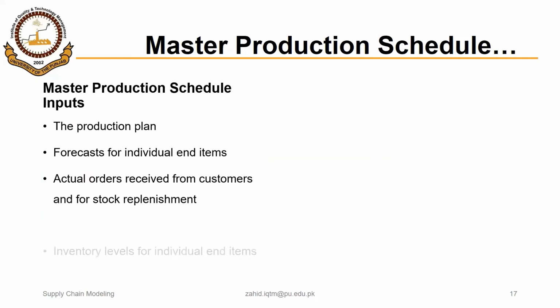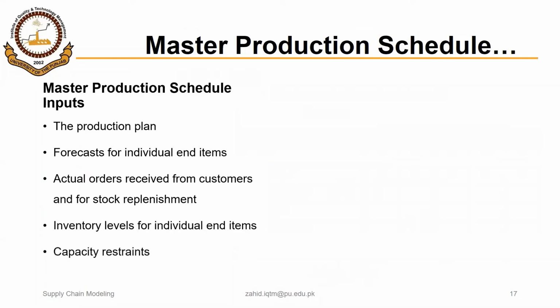So finally, what are the main inputs to MPS? We have the production plan, forecast for individual end items, actual orders, as we saw in the grid in the previous slide, inventory levels for individual end items, and capacity constraints.